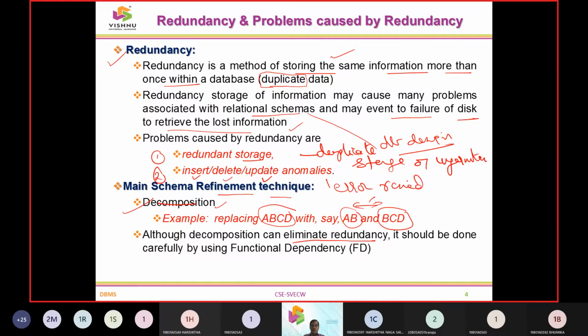Now, how can I see that A, B and B, C, D are decomposed in a systematic way? To get that systematic way, we are working with a word called functional dependencies.